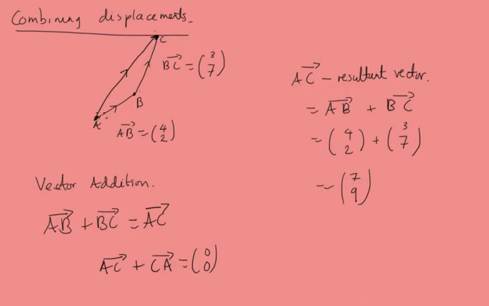But if you go back to point A, there's no net displacement, so the addition of AC to CA is 0, which is a bit laboured to point the obvious out. Therefore, CA, which is the opposite direction from AC, must be the negative, minus AC. So in this case, it would be equal to (minus 7, minus 9).